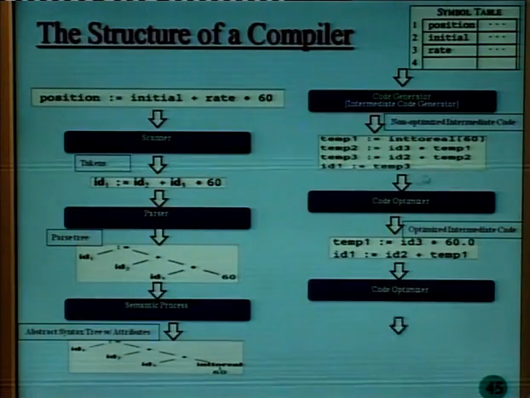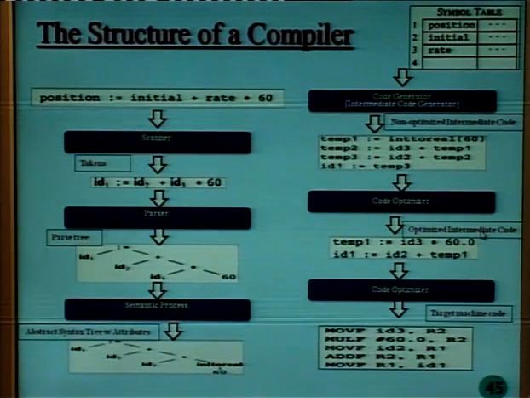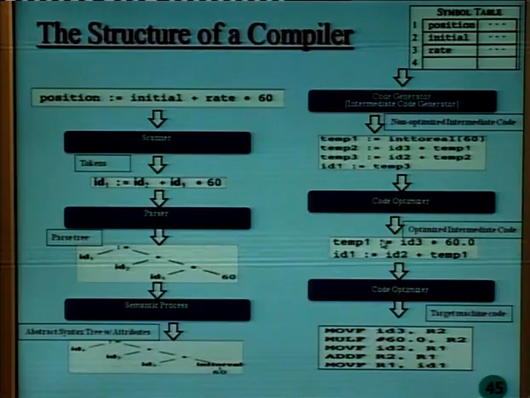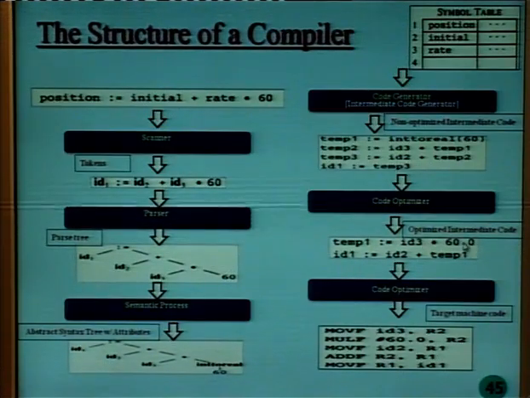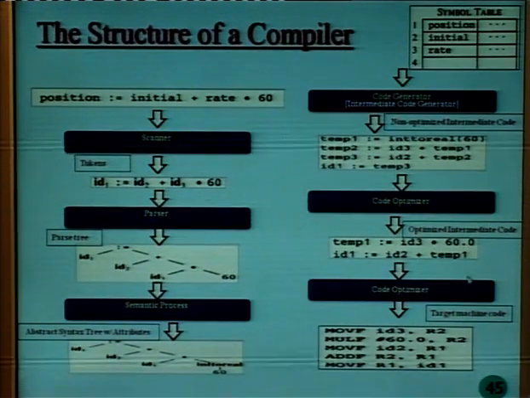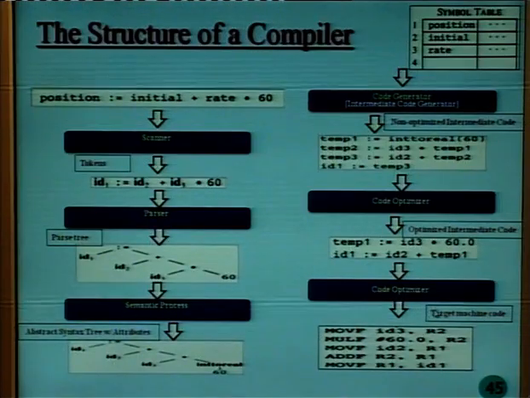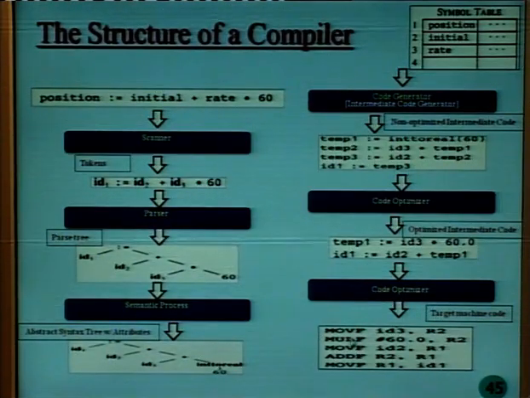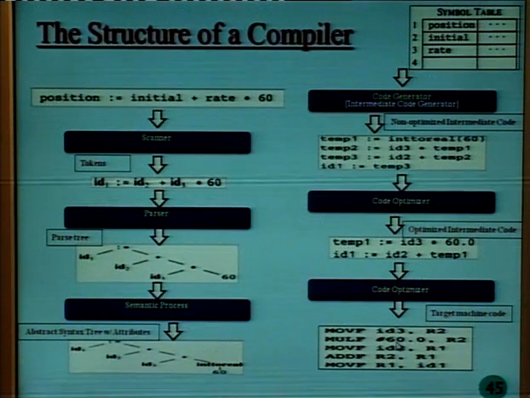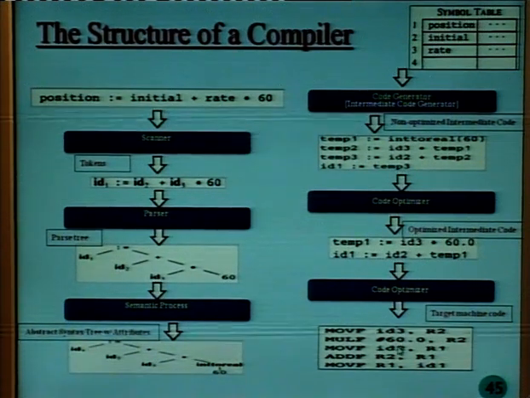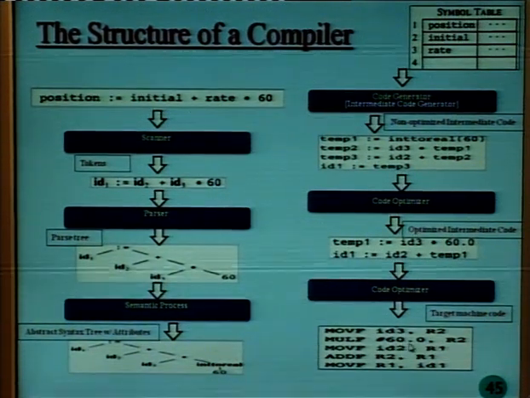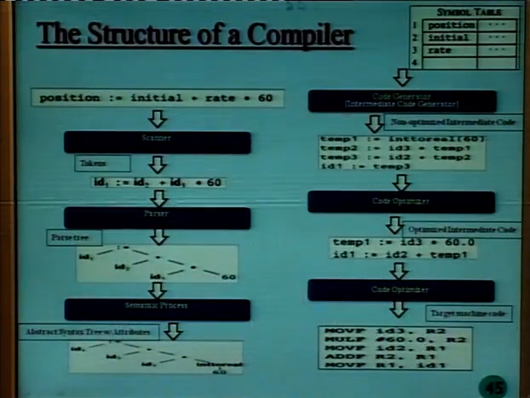Based upon that we produce optimized code, where temp1 is directly multiplied by 16.0, and then finally we produce target code like MOV, which finally produces absolute code in the form of 0 1. So this is the total.